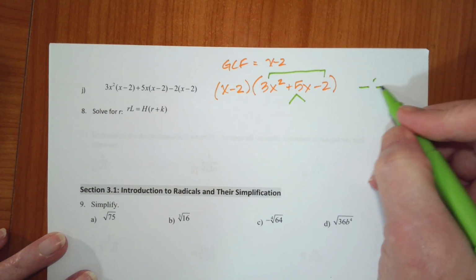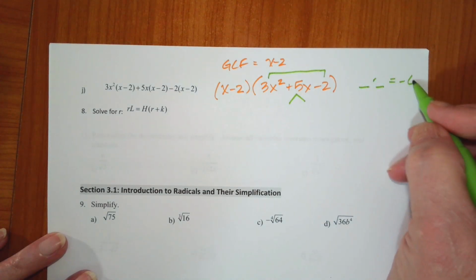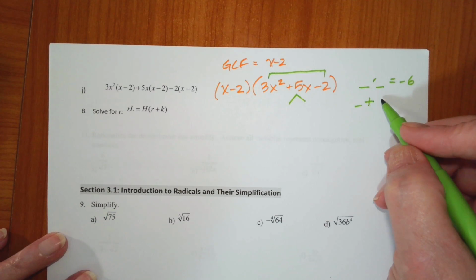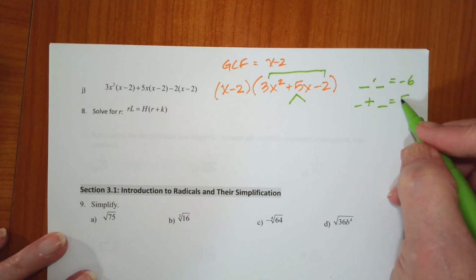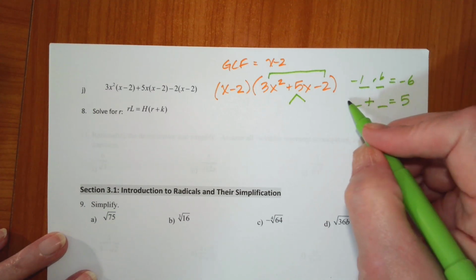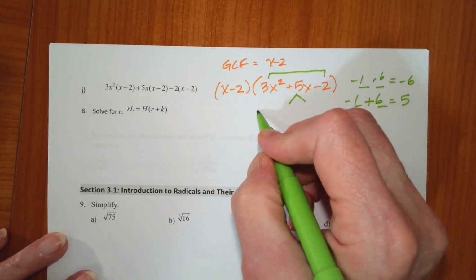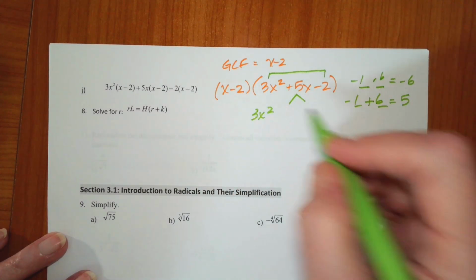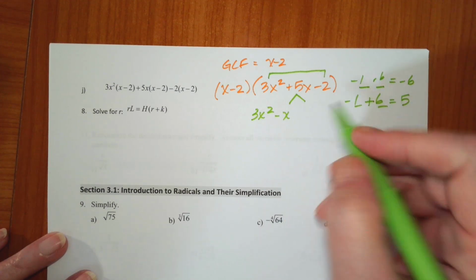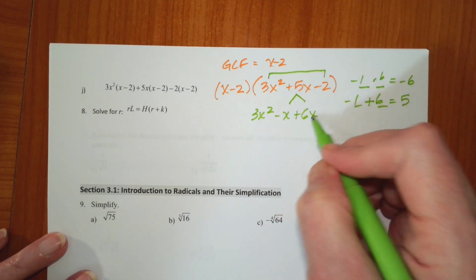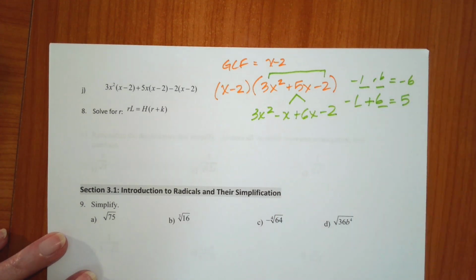I'm looking for two numbers whose product is negative 6 and whose sum is 5, and it's negative 1 and 6. So this becomes 3x squared minus x plus 6x minus 2.